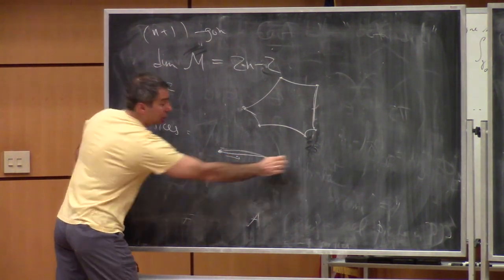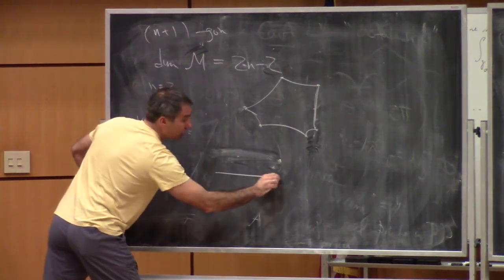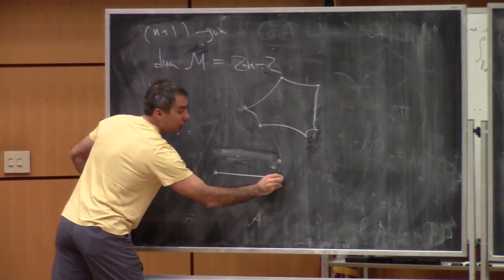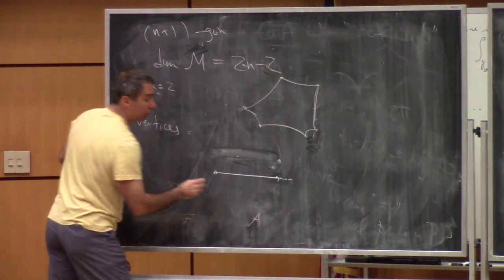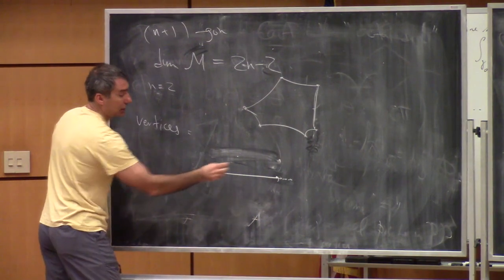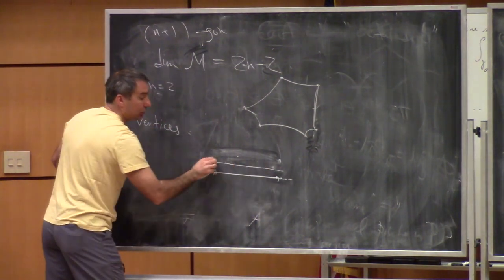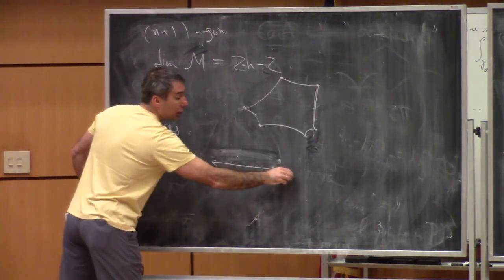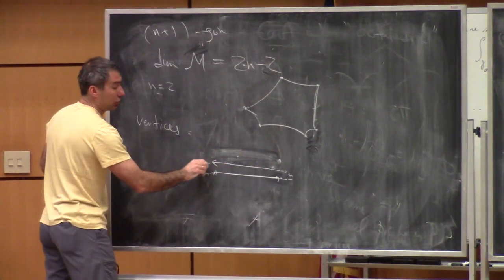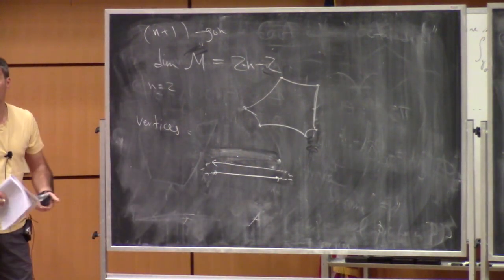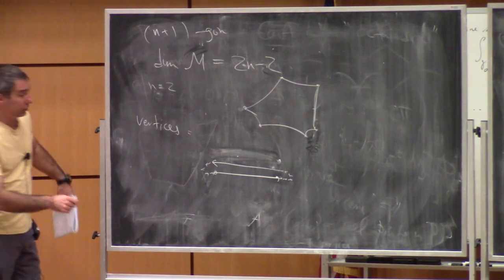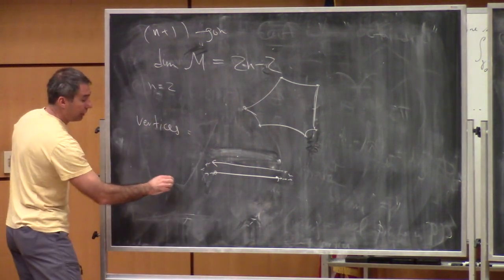So the picture looks like this: you have a non-zero length edge, then lots of zero length edges, maybe some on this side, and also backwards, the same thing. So you have one non-zero length edge, and then lots of zero length edges.